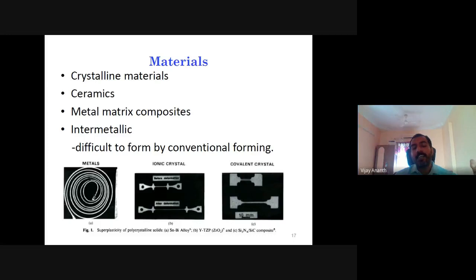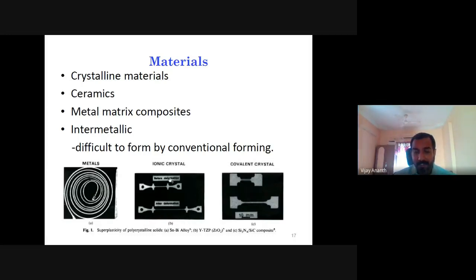It is nearly 7,000% elongation, so this metal can obtain 7,000% elongation. In normal forming, at normal conditions at room temperature, the material can only get a maximum elongation of 20 to 25%. But in superplastic forming, we can get more than 7,000% elongation.